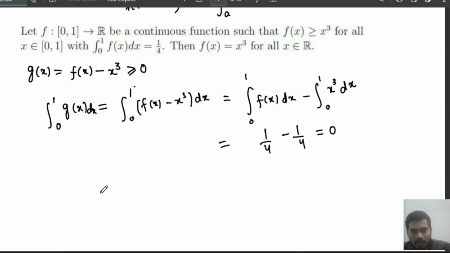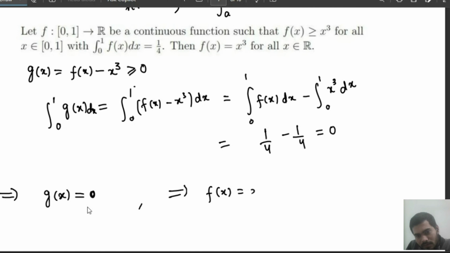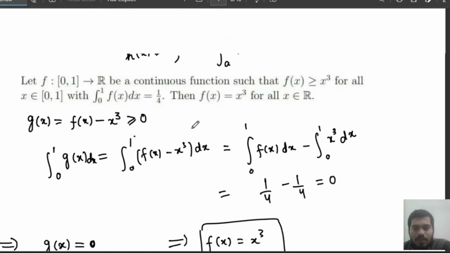So g(x) is a continuous function which is greater than or equal to 0, whose integral over the interval 0 to 1 is 0. It implies that g(x) has to be equal to 0, which implies that f(x) equals x cubed. So this statement is true.